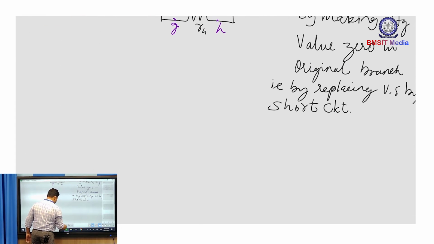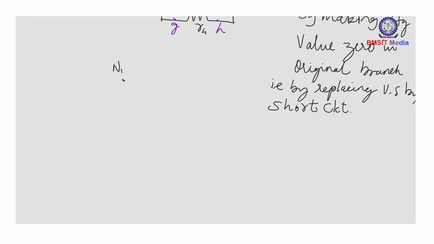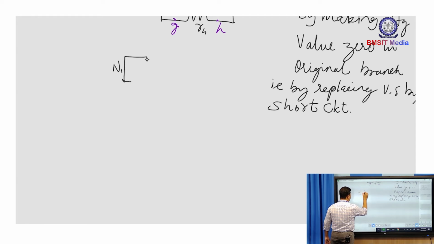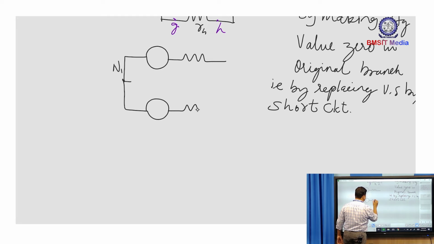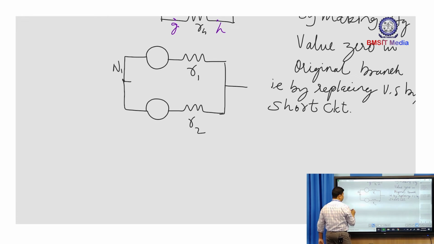So let me draw the same circuit again. This is node N1. In this node N1, I am connecting the voltage source in both the branches. This is R1, this is R2.